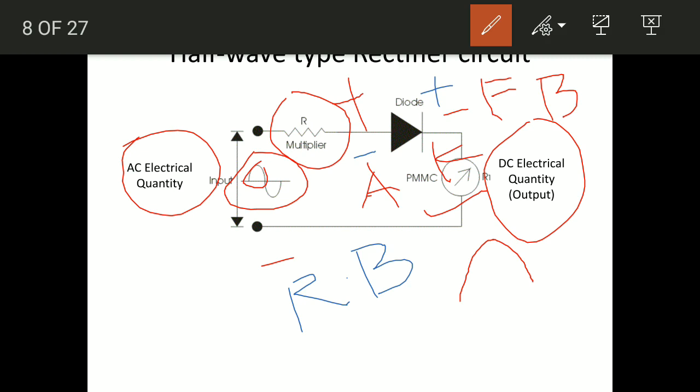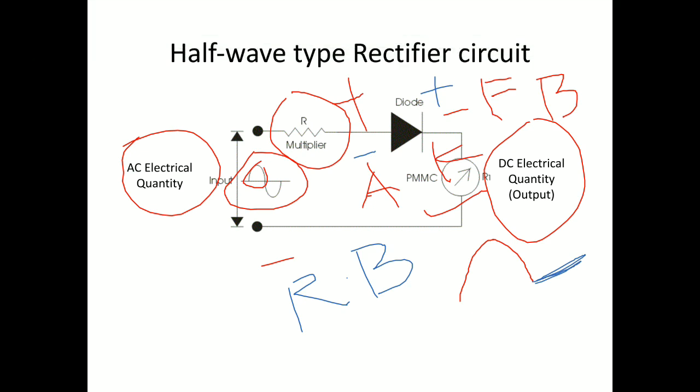So during the negative half cycle of the input quantity, the output of this circuit is going to be 0. It is something like this. It will not show any output. So this is the simple working of the half wave type rectifier circuit.